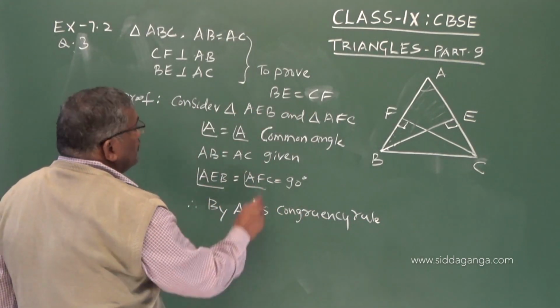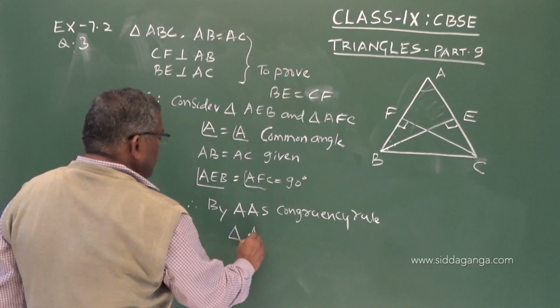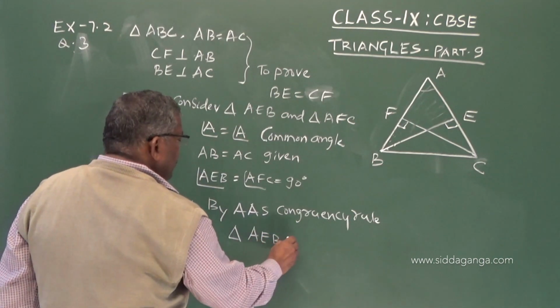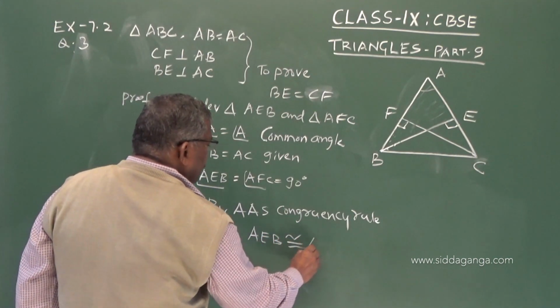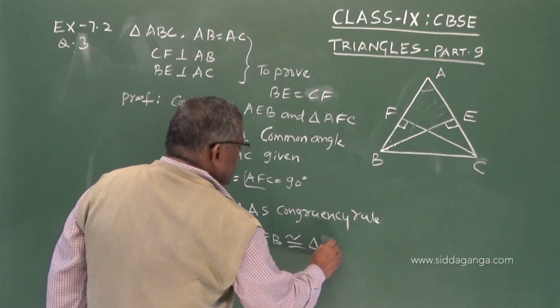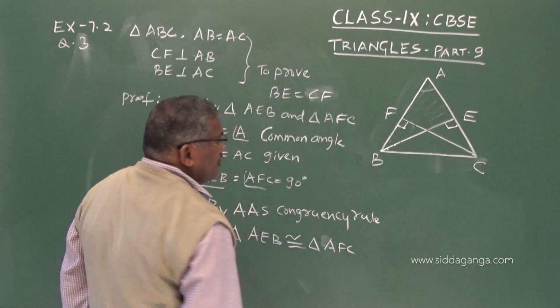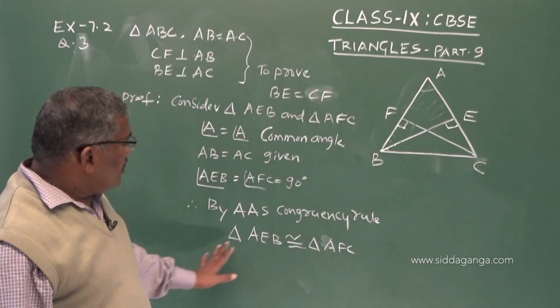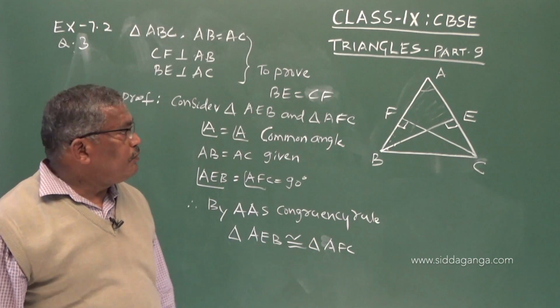triangle AEB is congruent to triangle AFC. So, when they are congruent, the corresponding parts must be equal.